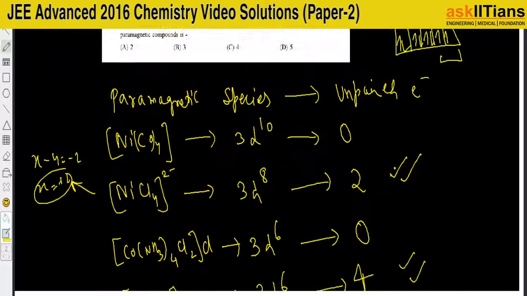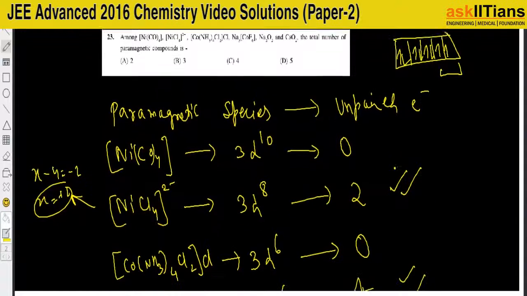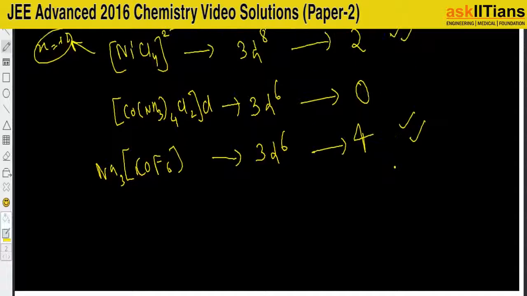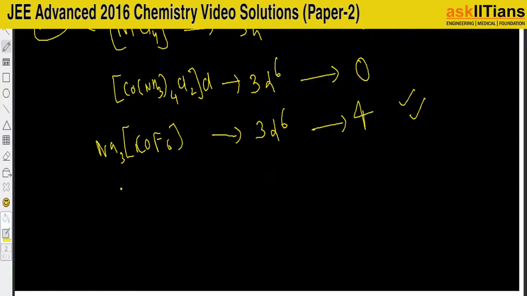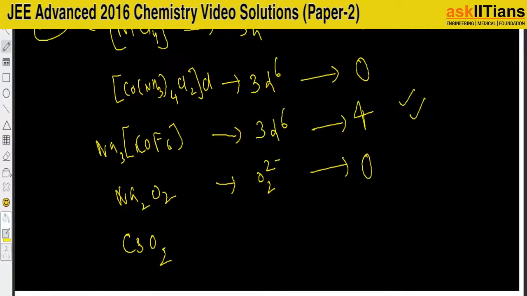Okay, we have one more, I guess. Yeah, we have two more, Na2O2 and CsO2 also. So if I draw for Na2O2, this is your simple O2 2 negative, right? And hence it will have 0 unpaired electrons. There are no unpaired electrons over here. If I talk about CsO2, this is a superoxide.